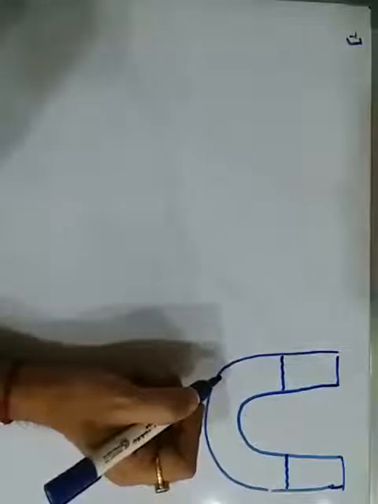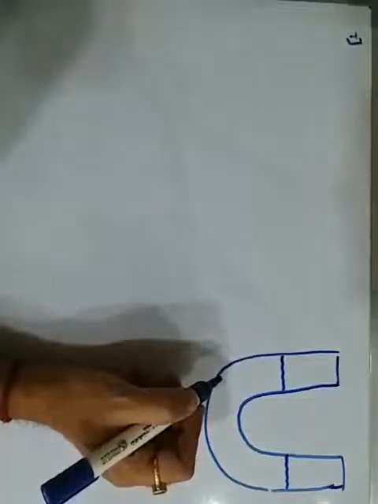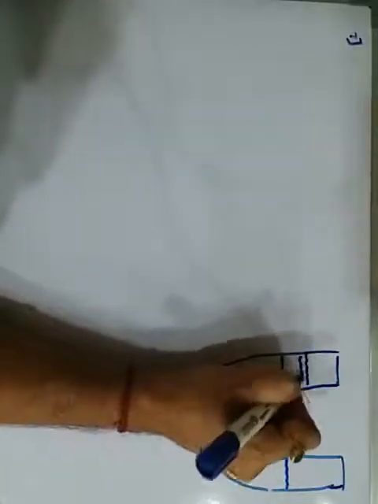The mercury level is the same on both sides, level in both the arms. If water is poured to a height of 13.6 centimeter in one arm, here the water is added to it. This is your water level. It is 13.6 centimeters. This much water is added to it.